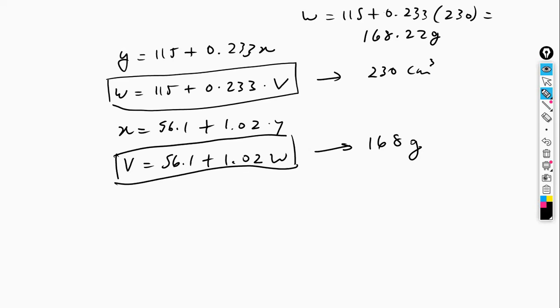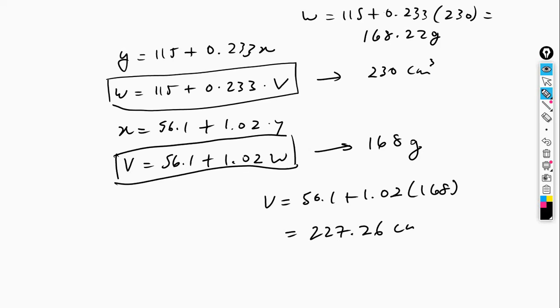And then let's find the volume of a fruit that weighs 168 grams. So the volume is equal to 56.1 plus 1.02 times 168. Plug that into the calculator, and you are going to get about 227.26 cubic centimeters.